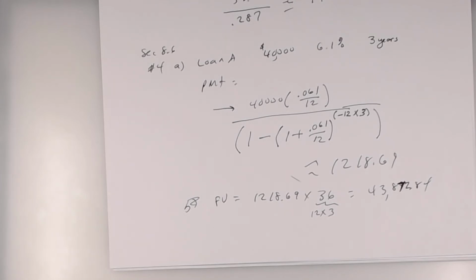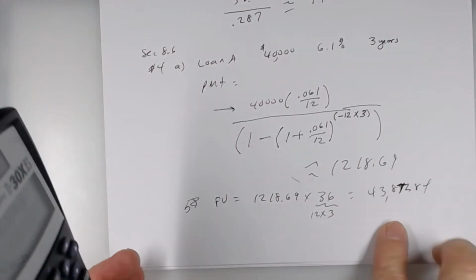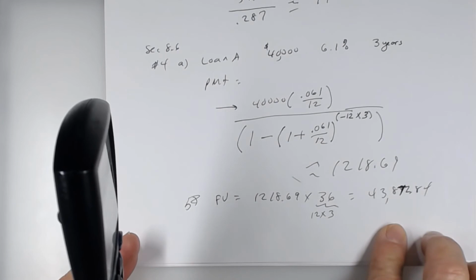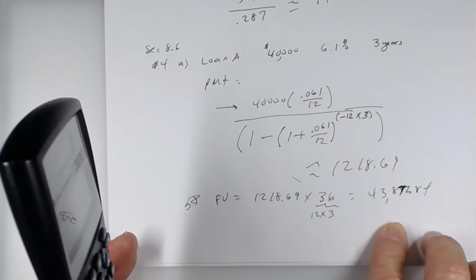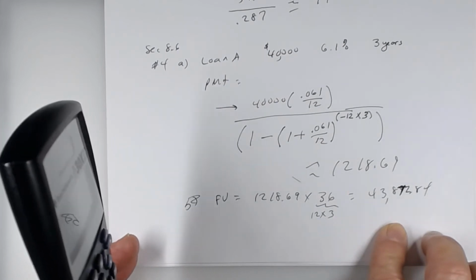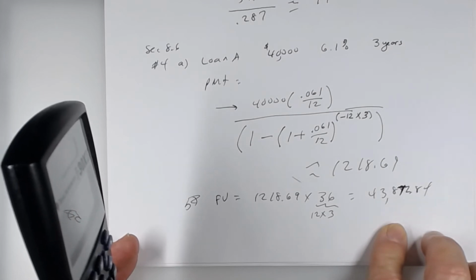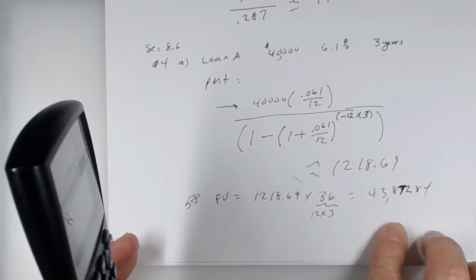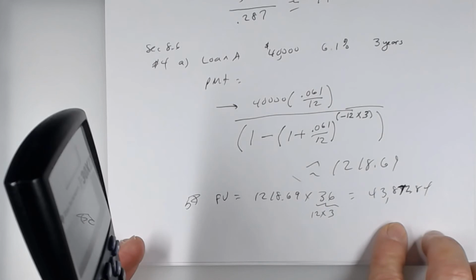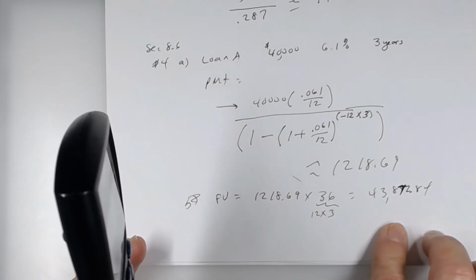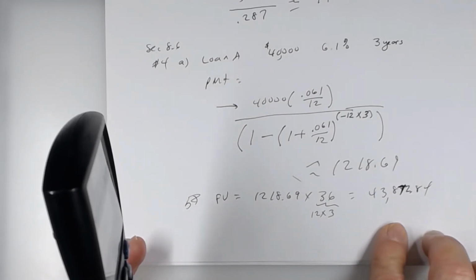Now, yes, you would subtract 40,000 from that, and what's left over is what you would end up paying in interest. How much was the car? How much did you borrow? 40,000. So how do you find your interest?